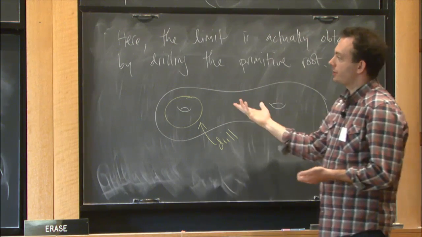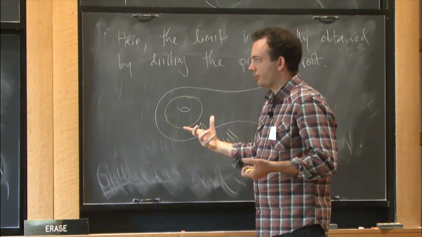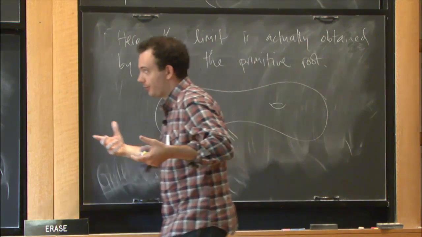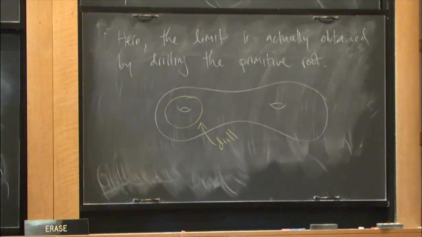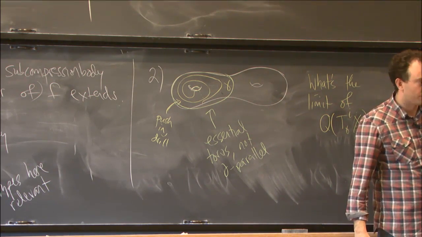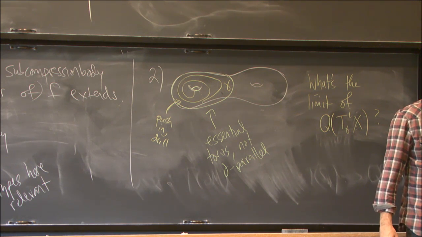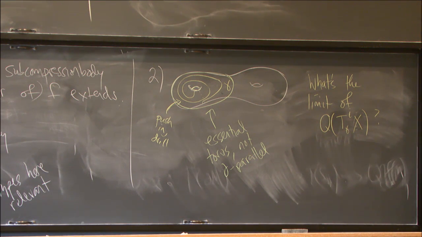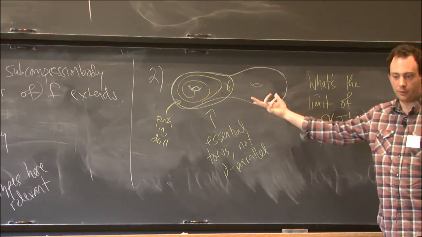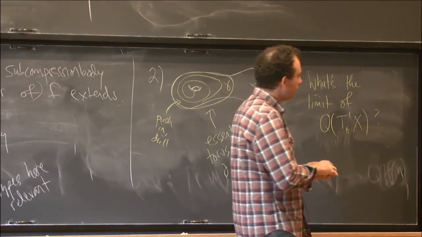And this is actually not so hard to verify. I mean, essentially, once you know that you're going to be drilling out a curve, then you can imagine that these manifolds are obtained by Dehn filling this manifold with a cusp. And so once you guess that, then you can just verify that indeed the fillings of this have the correct conformal boundary.